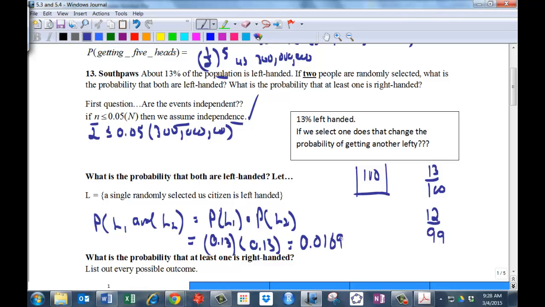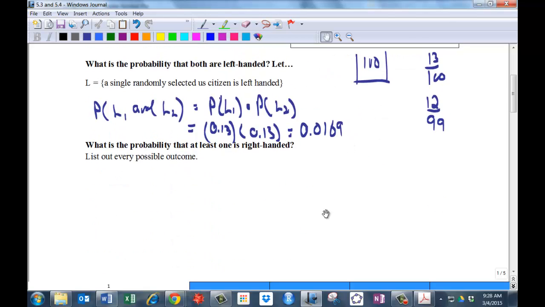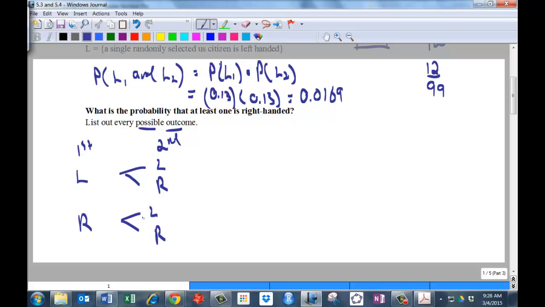All right, now let's move on to the next question here. What's the probability at least one is right-handed? Now here we want to, again, list out every possible outcome, so the sample space. So let's take the first individual, the second individual, so left, right, left, right, left, right.